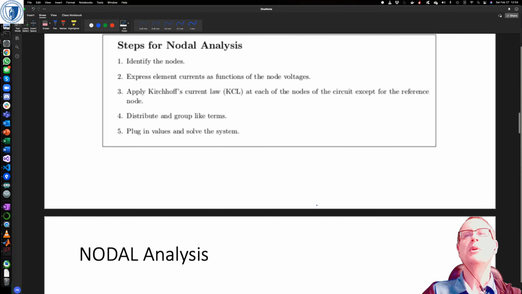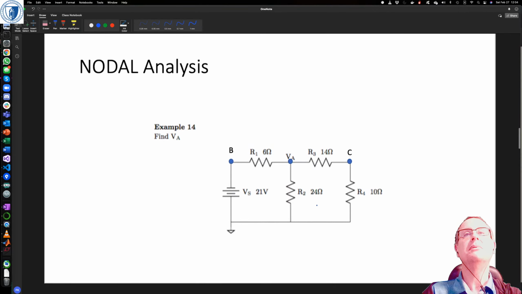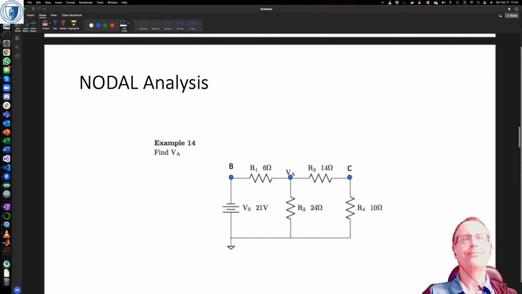Okay, so let's see what that means for our simple circuit, our example. We identified the nodes, and as I said earlier, a node is an area of constant voltage, but they're usually drawn as dots. So just because there's a blue dot here, that doesn't mean that's the only part of the node.